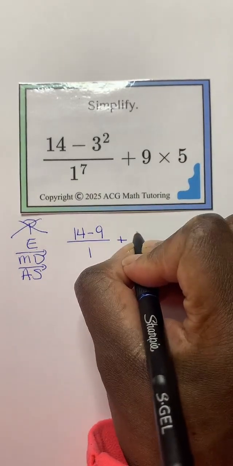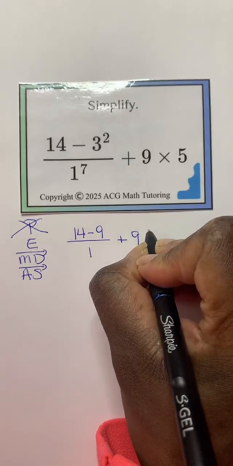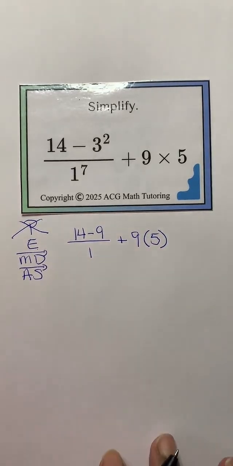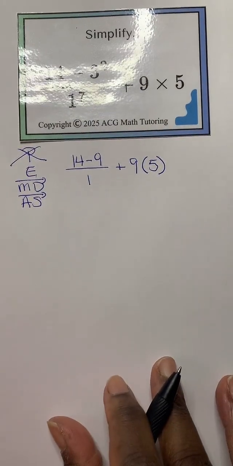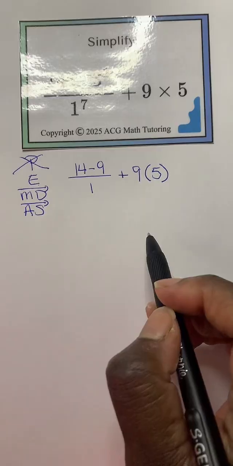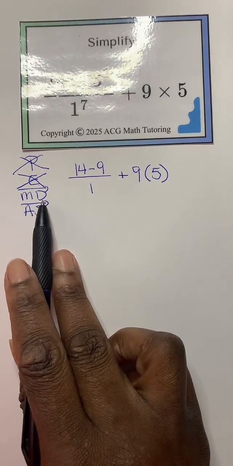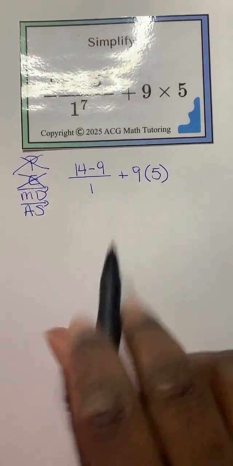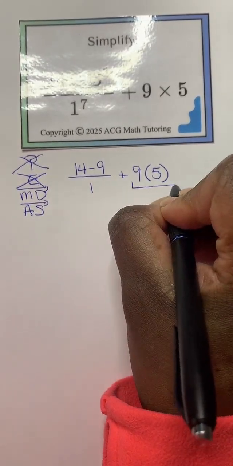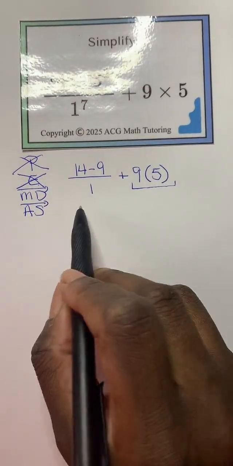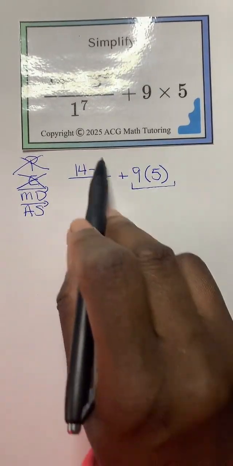The plus 9, I know they're using an X for multiplication. I know, cringe. But here we are. So now, from here, we did our exponents. From left to right, we need to do multiplication. So the only multiplication we have is right here with the 9 times 5. But then we have a division right here.